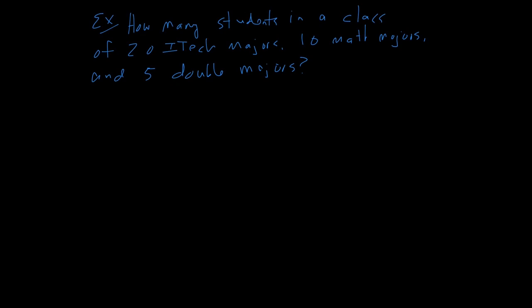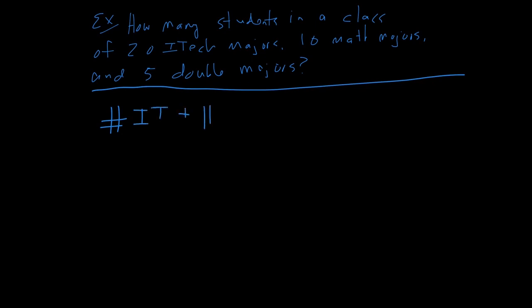Another example. Suppose I want to count how many students there are in a class, and the data that I have are 20 iTech majors, 10 math majors, and 5 double majors. Well, I have a set of iTech majors and a set of math majors, and there's an overlap. So to count this, it's going to be the number of iTech plus the number of math minus the number of double majors.